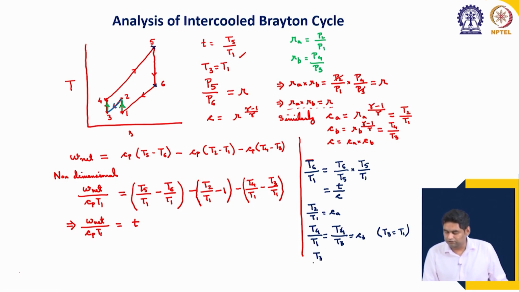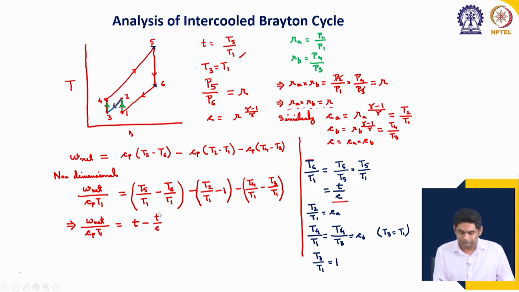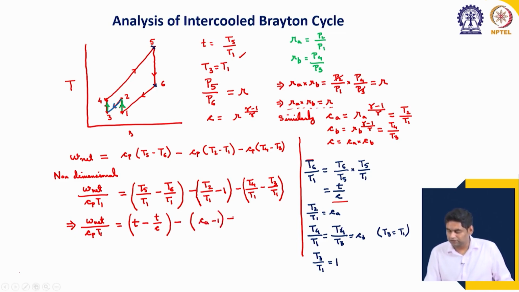Okay. So, we are going to replace all these values here and get the final expression, which is T minus T by C minus Ca minus 1 minus Cb minus 1.